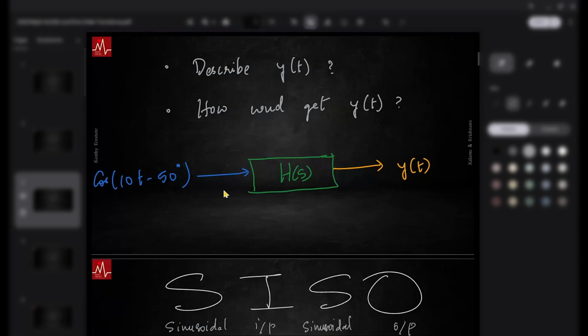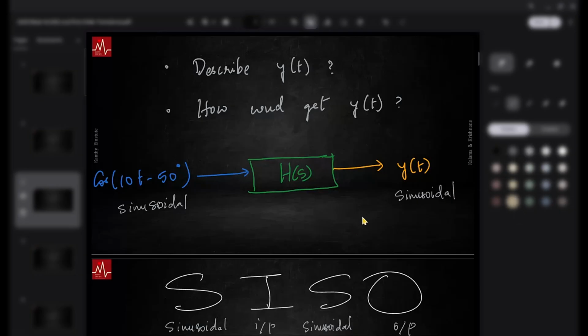So here your input is sinusoidal. Your output is also going to be sinusoidal.